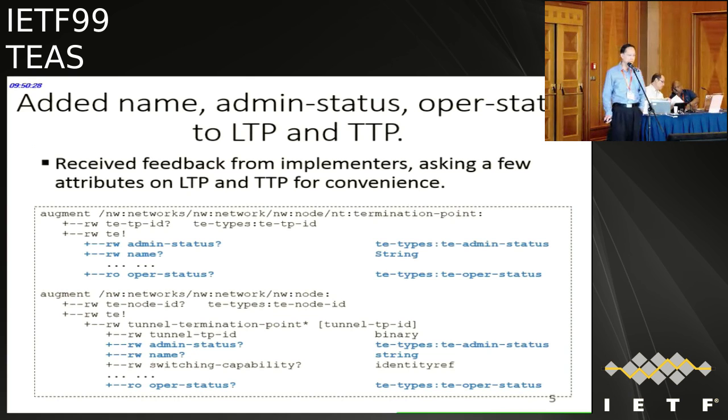Right, we added a few items to the link termination point and tunnel termination point. This is the feedback from the implementations. They want to have some convenient way to identify those termination points. So we added the admin status, name, and the operational status.